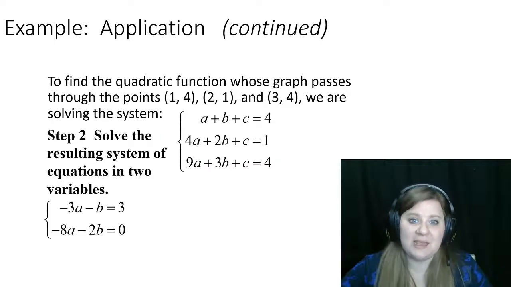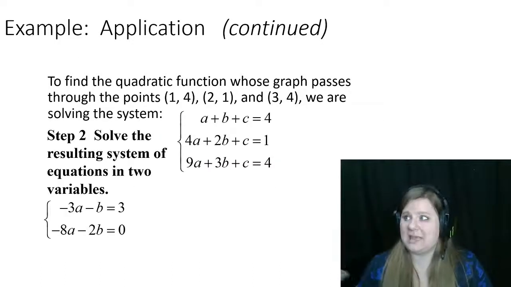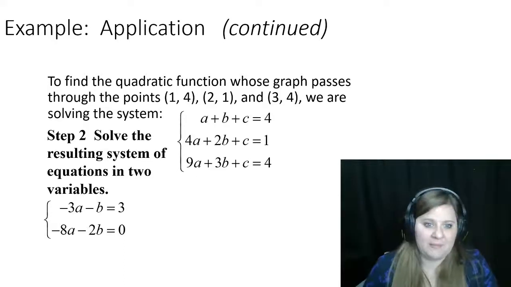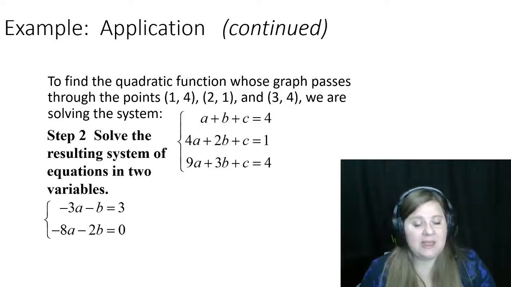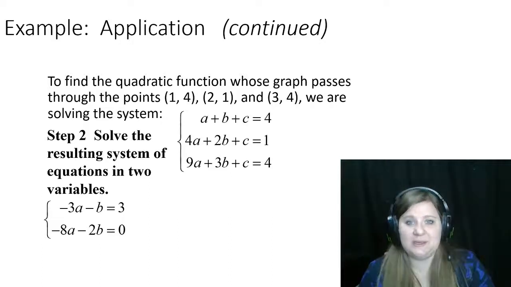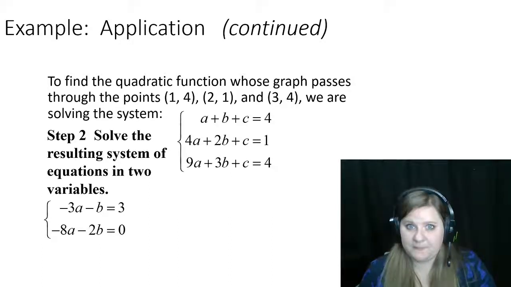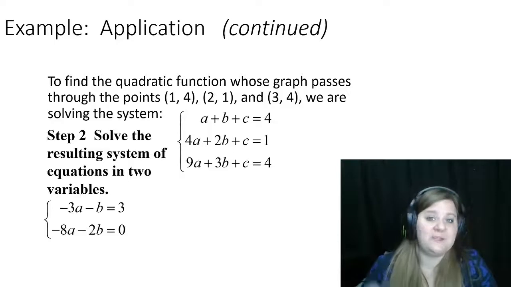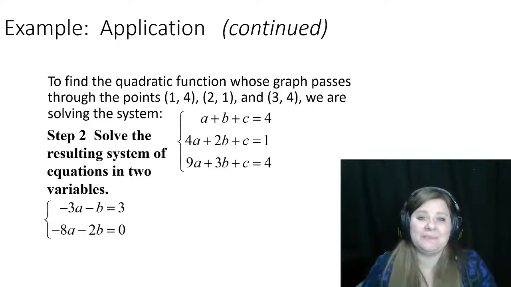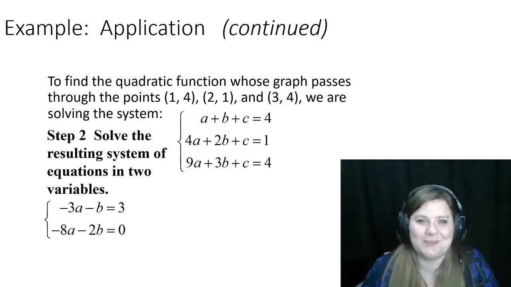So that gave me a system of equations that looks like this: -3a minus b equals 3, and -8a minus 2b equals 0. Please solve this system for both a and b and come back here to check your answer.